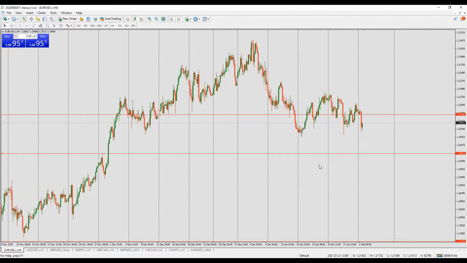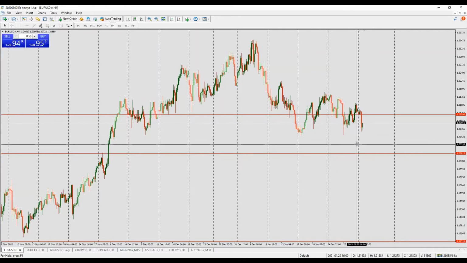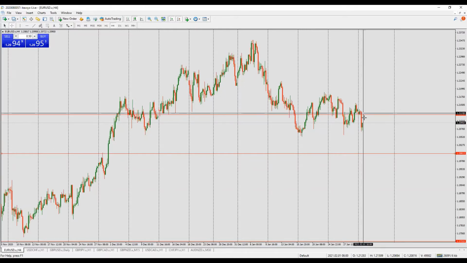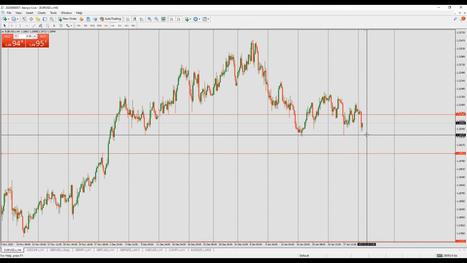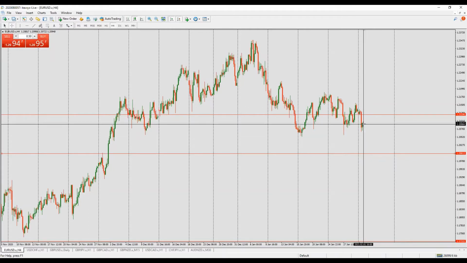Waiting for a euro dollar between 1.203 to 1.205. Sorry. Oh, if I understand you correctly, you're probably waiting for the breakout here.